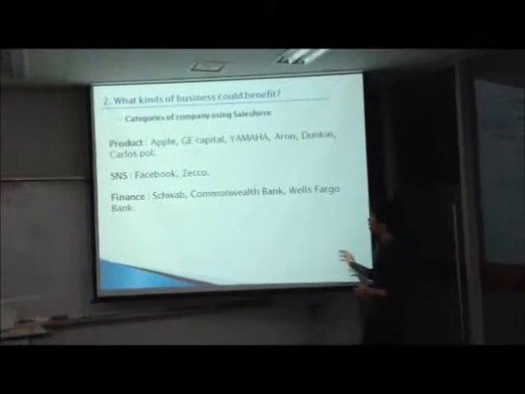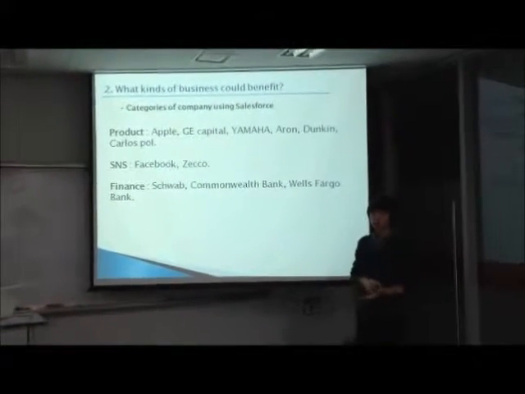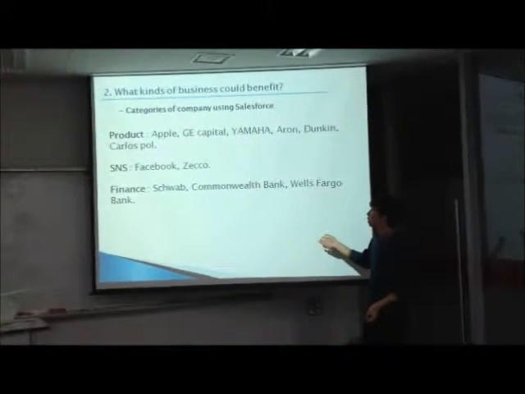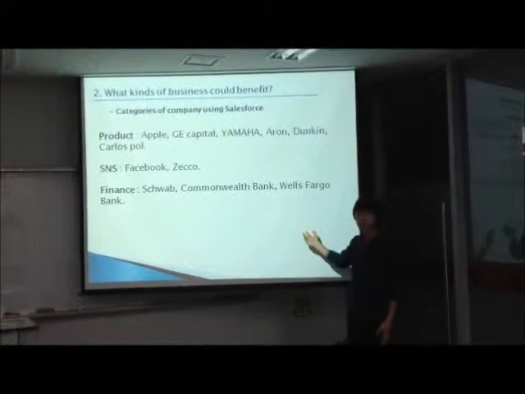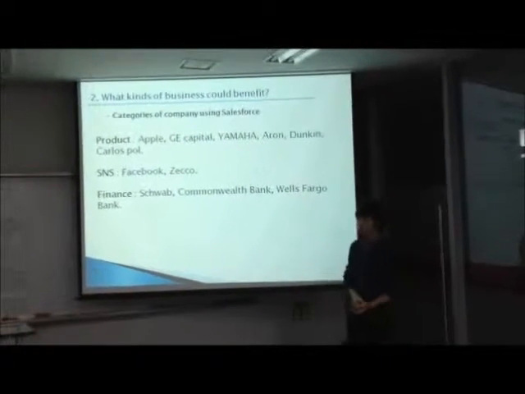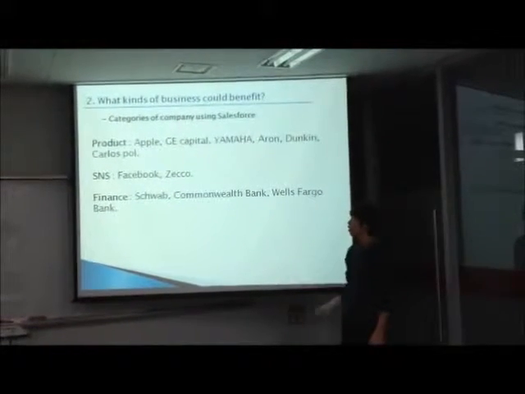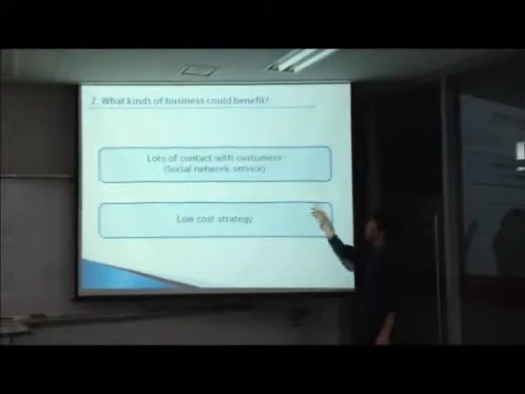Of course, there are other categories which can't join in here, but product, social network service, and finance are the most common categories that use Salesforce. Do you know their commonalities in product, SNS, finance? Their commonalities are lots of contact with customers and a low cost strategy.